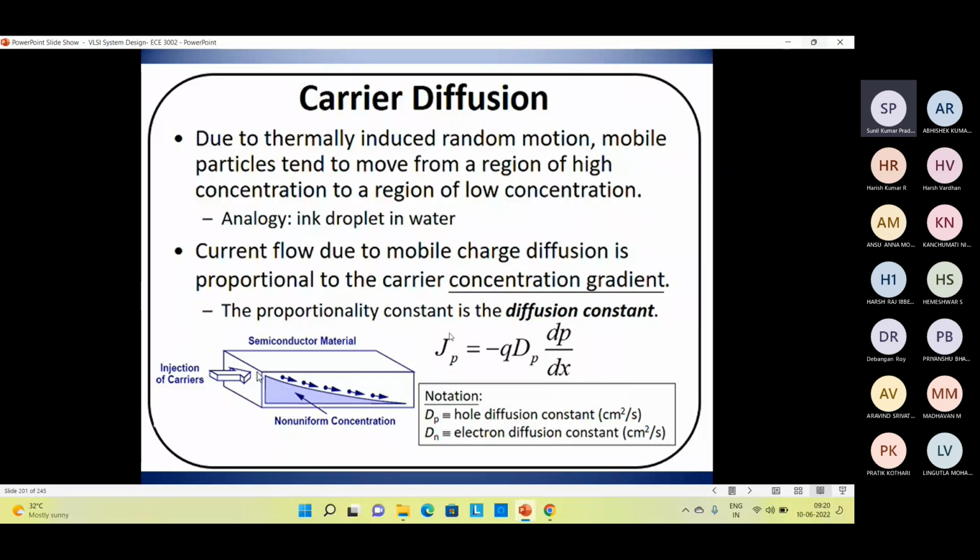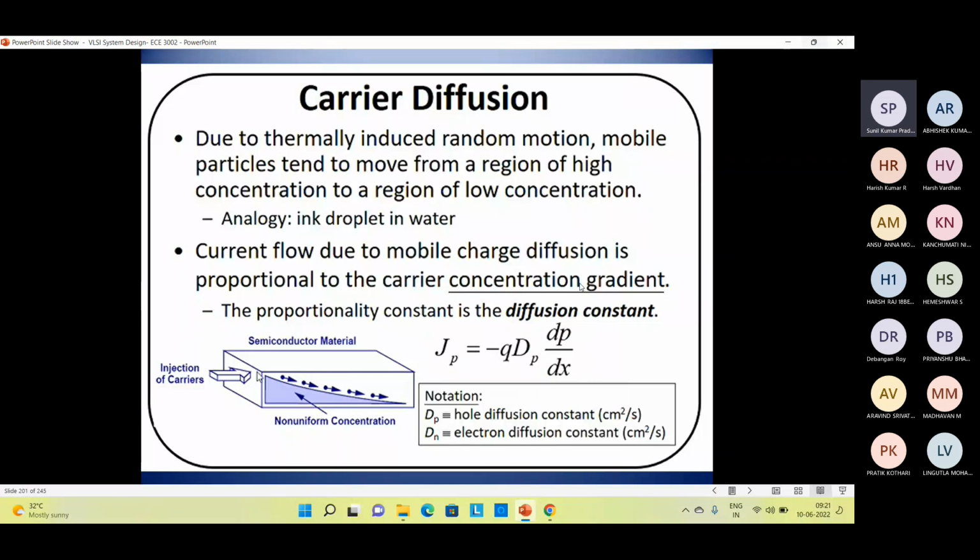So Jp is directly proportional to the hole concentration gradient. Then a proportionality constant is introduced, called the diffusion constant for holes, Dp. So the diffusion current density Jp is minus q Dp dp by dx. This is the hole current density.